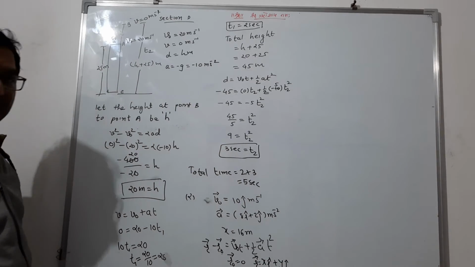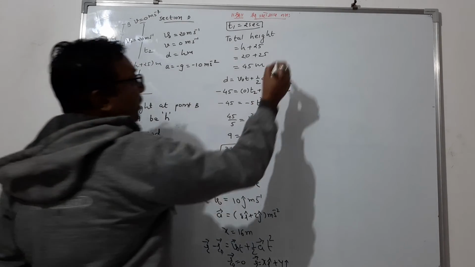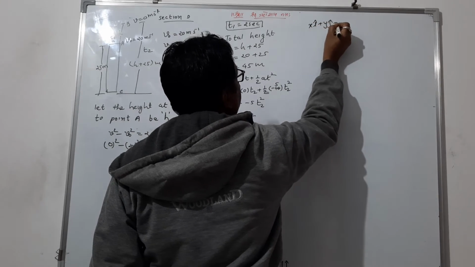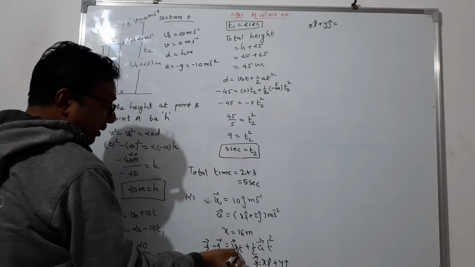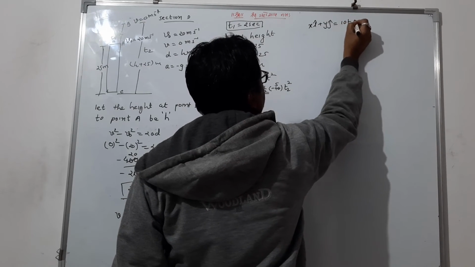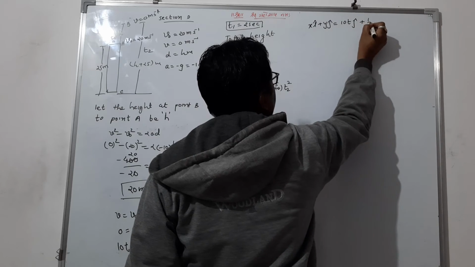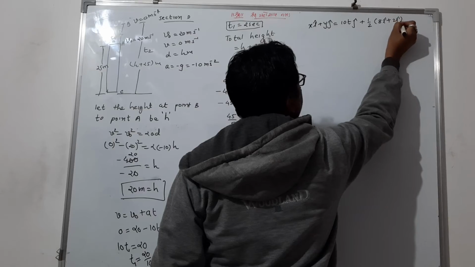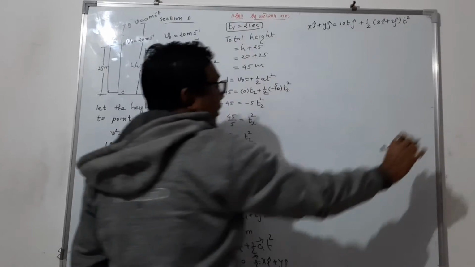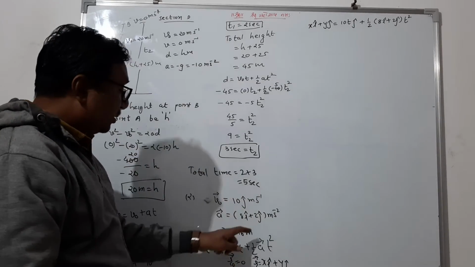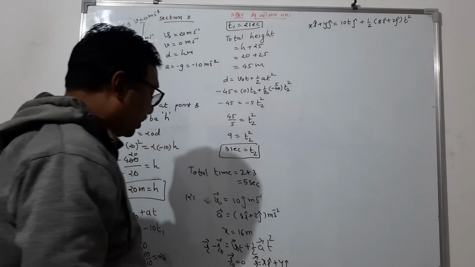This is the position vector. So now I am writing over here xi plus yj is equal to v0t. v0 is 10j. So 10tj plus 1 half into 8i plus 2j into t square. Because this is the acceleration and t is not given.